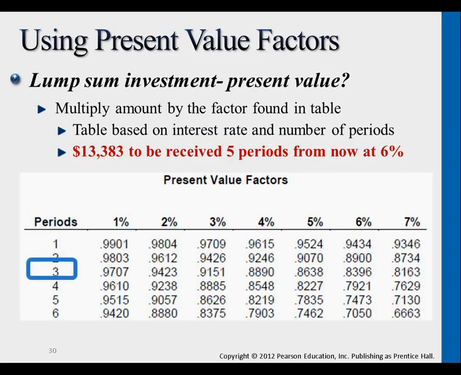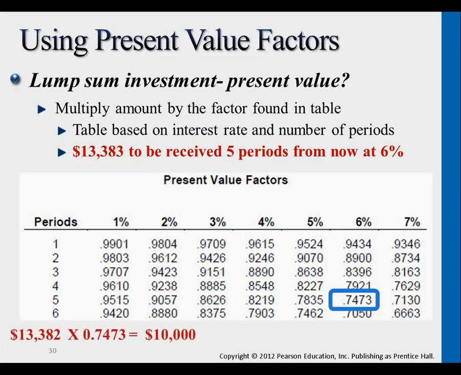So how am I going to use this table? I'm going to go all the way to 5 periods, and all the way to 6%. What am I going to calculate right now? I'll take that 13,382 and multiply it by the number I found in the present value factors.